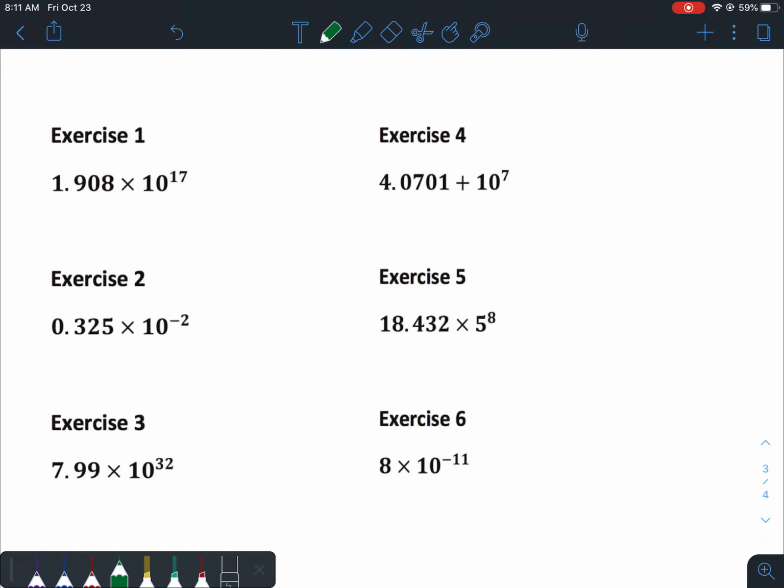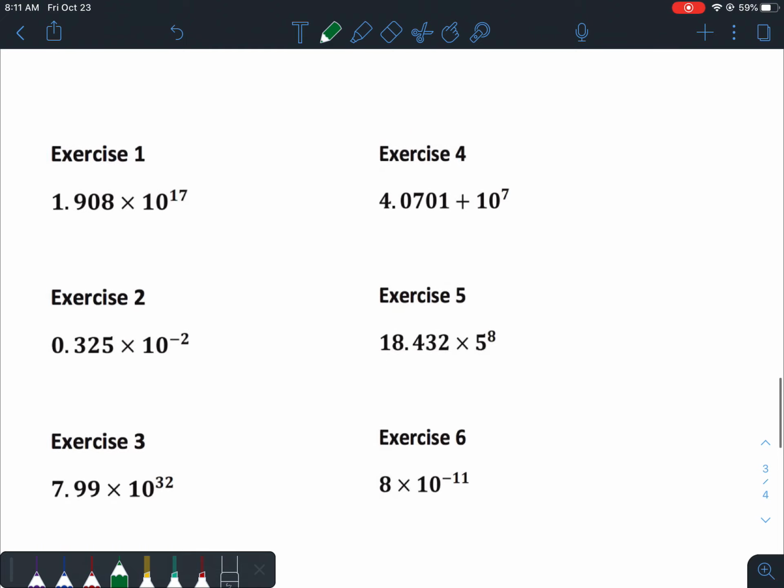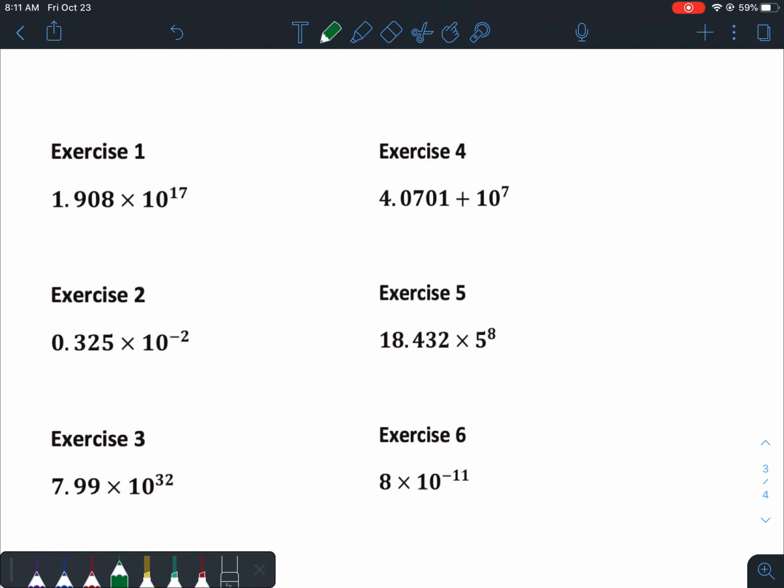I want you to take a few moments and identify if the following is written in scientific notation. So you're going to identify if it's correct or incorrect. That's it. Are the following written in scientific notation, yes or no?